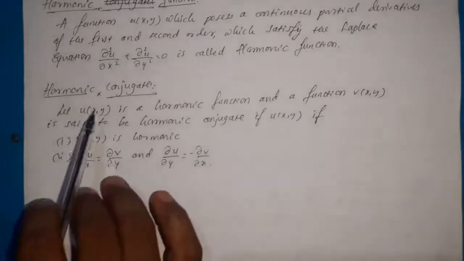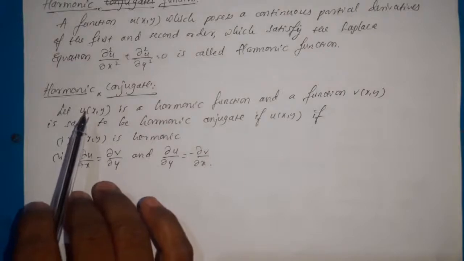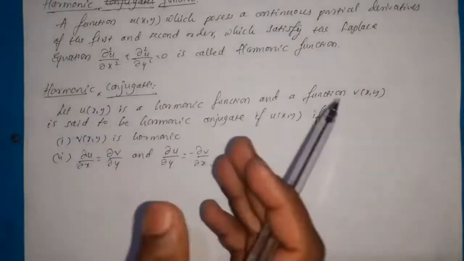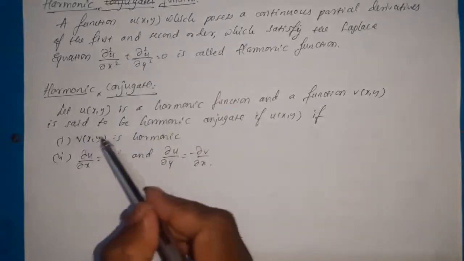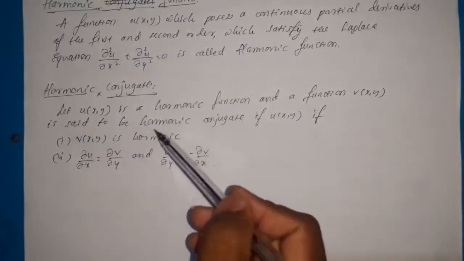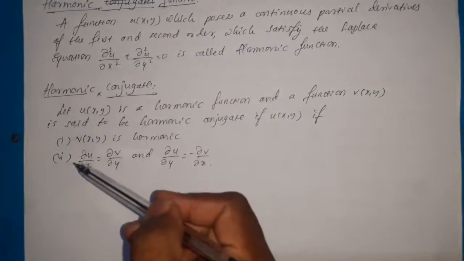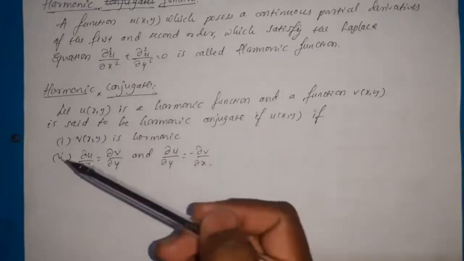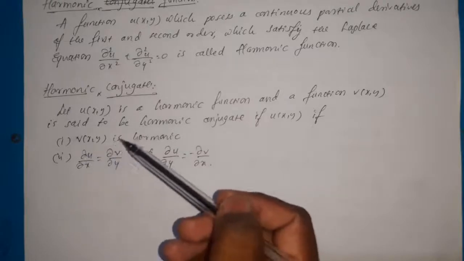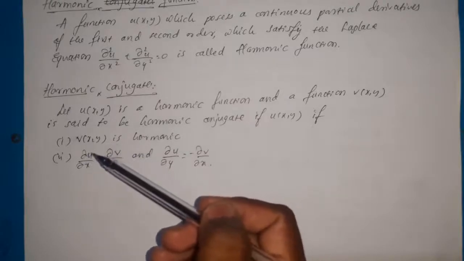And suppose v is a harmonic function or v is given, then u must be harmonic and the same CR equations must be satisfied for v and u, and then u is called the harmonic conjugate of v.